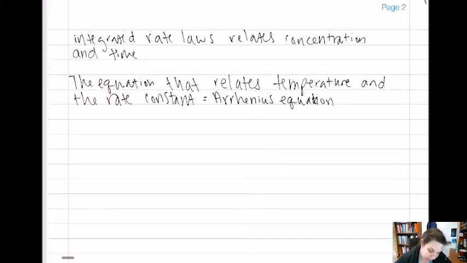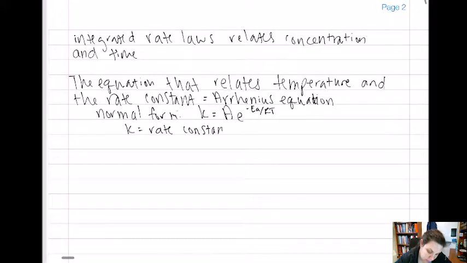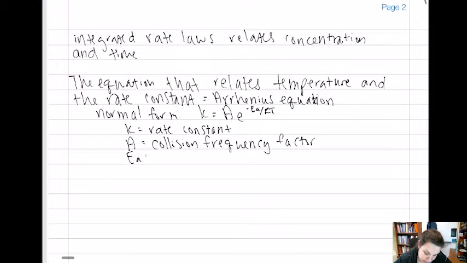Our Arrhenius equation, we would say that its normal form is k is equal to A e^(-Ea/RT), where k is our rate constant, A is our collision frequency factor, Ea is our activation energy, our activation energy itself should be in joules.